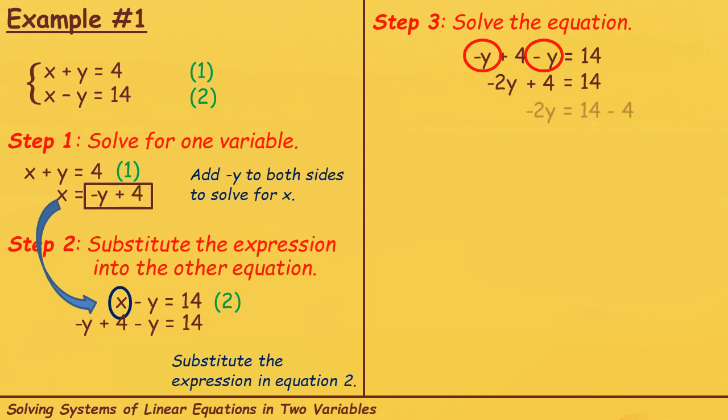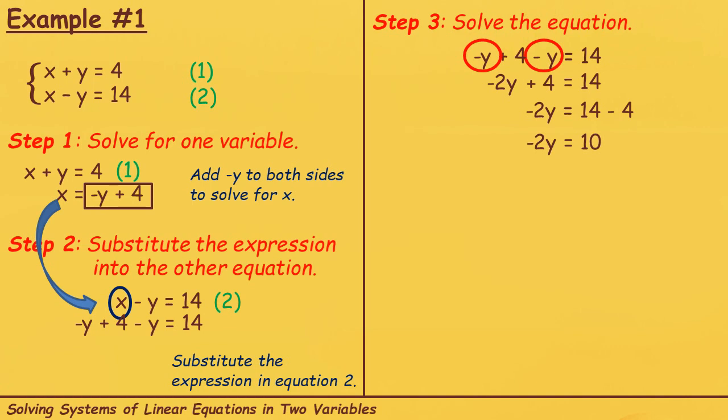Para makuha natin yon, let us use APE. Yung 4 sa left side ng equation, kailangan ma-remove and we will use APE. Magdadagdag tayo ng negative 4 to both sides. So that will be negative 2y is equal to 14 minus 4. 14 minus 4 is equal to 10. So that will be negative 2y is equal to 10.